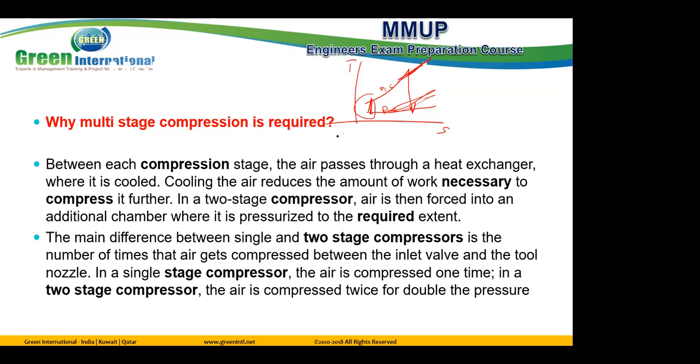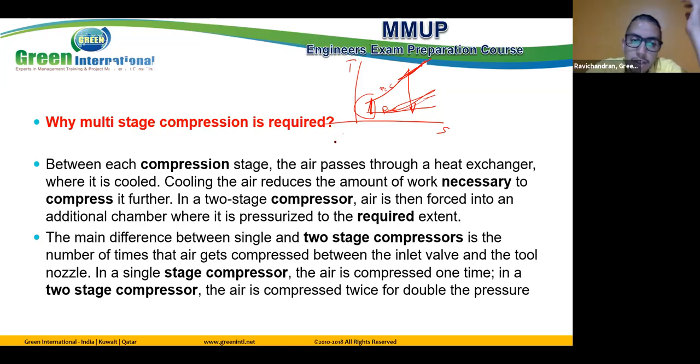Yes, sir. According to that, this is the reason to use multi-stage compression, to not go up directly. We use multi-stage to decrease the compression work of the compressor. So instead of going directly from this line to this line, I divide it like this.